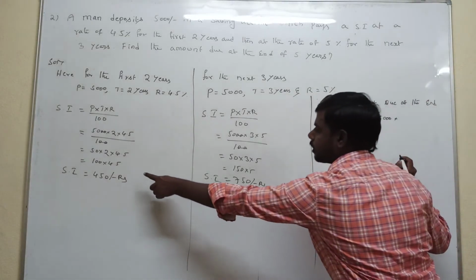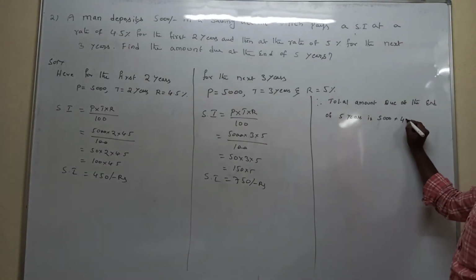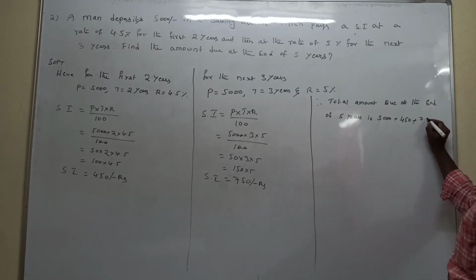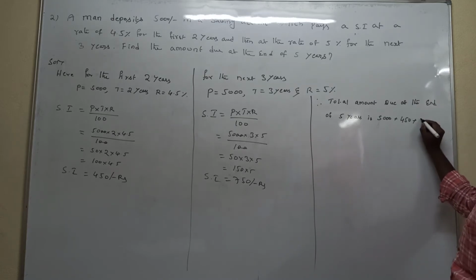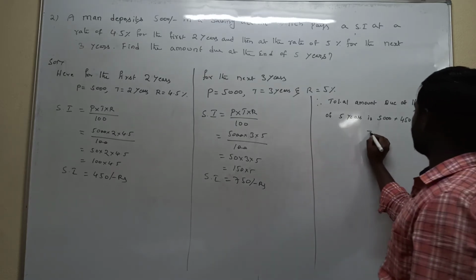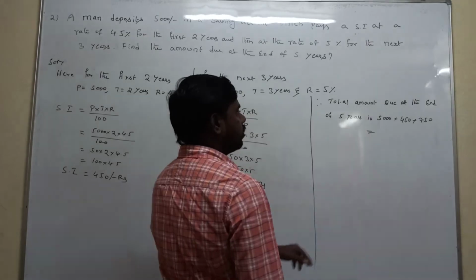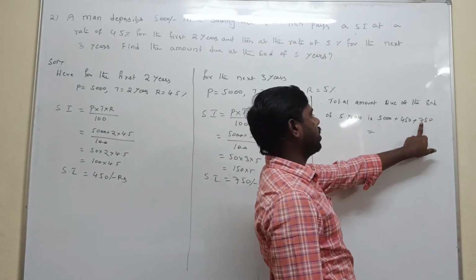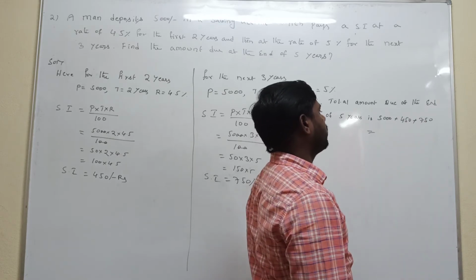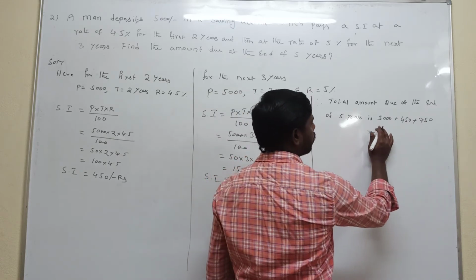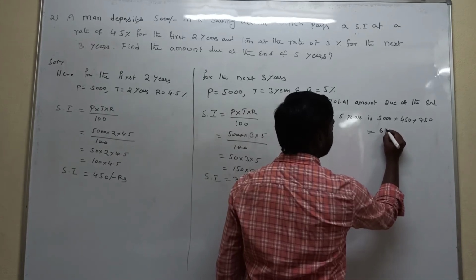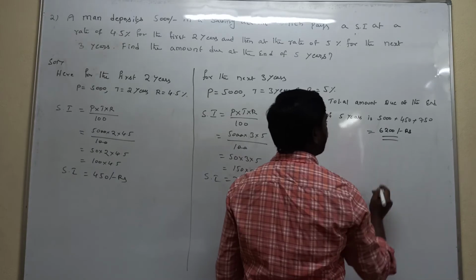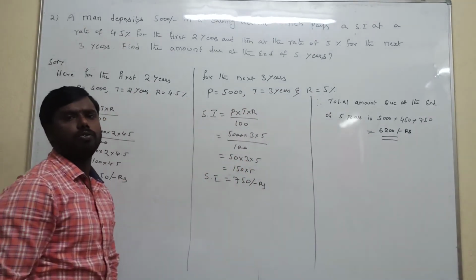First simple interest is nothing but 450 rupees, plus second simple interest is 750. So what is the total amount here? 5,000, 450 plus 750 is 1,200. 5,000 plus 1,200 is 6,200 rupees. This is the total amount due at the end of the 5 years.